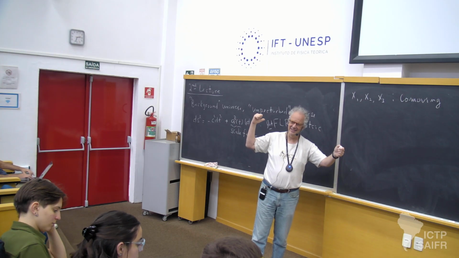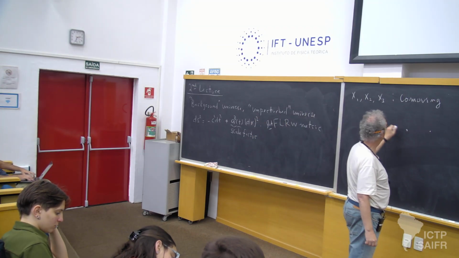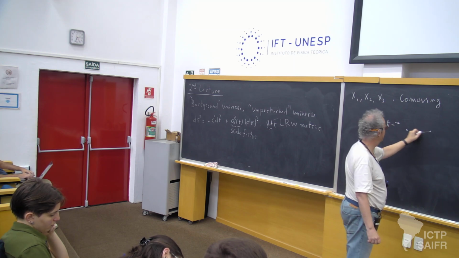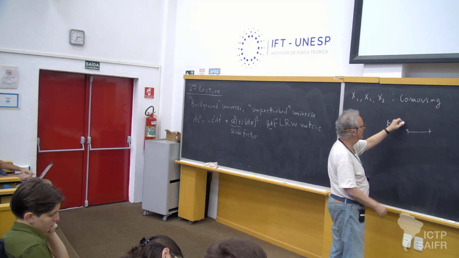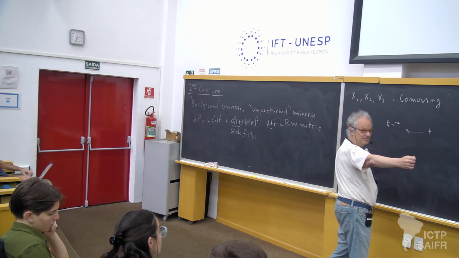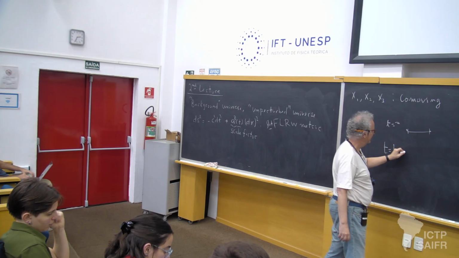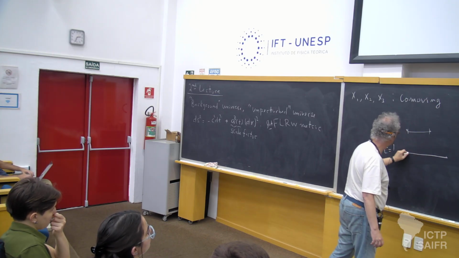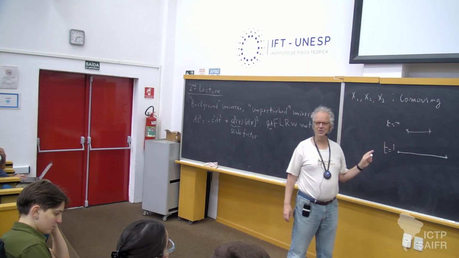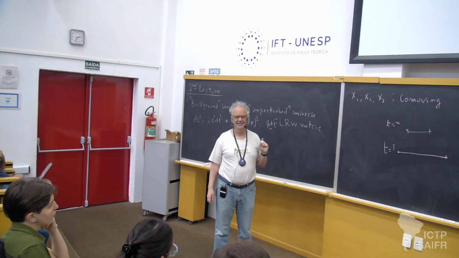Still not clear. So let's suppose I have at t equals 0 two objects that are separated by this distance here. And they have coordinates x1, x2, and x3. And the universe is expanding. So at t equals, I don't know, 1, the separation is bigger. My question is, what are the coordinates x1, x2, and x3 of these objects?